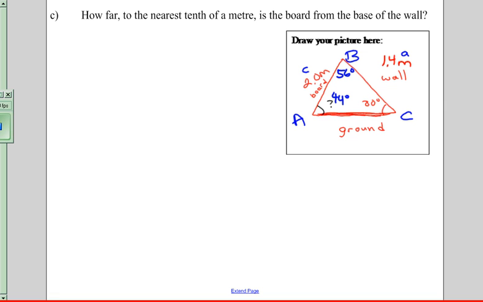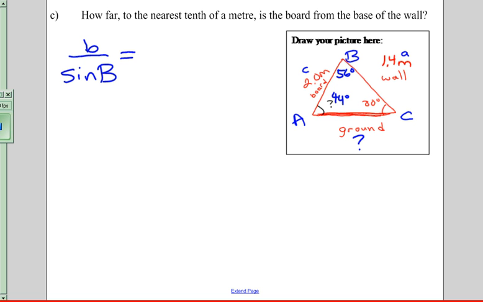And last but not least, it says how far to the nearest tenth of a meter is the board from the base of the wall. So really, we want to know what's happening here on the ground. So the ground is side B. We're looking for side B, so that has to correspond with sine of B. And secondly, you choose another ratio that you have. We have A and sine A, but sine A was an angle we found.